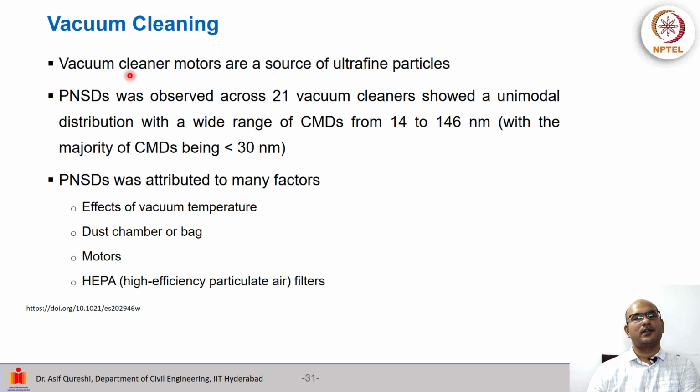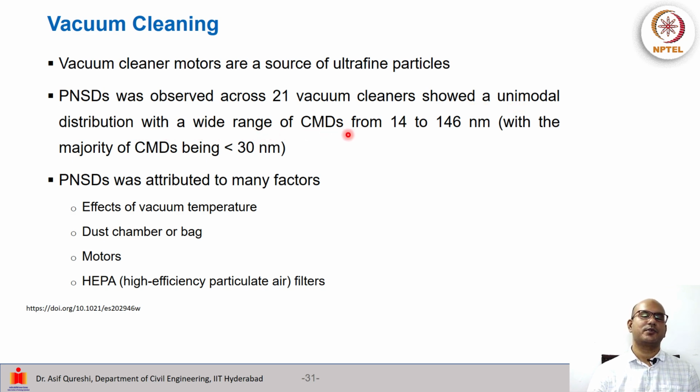Vacuum cleaning: the motors in vacuum cleaners are a source of ultrafine particles. In a study, the particle number size distribution was observed across 21 vacuum cleaners, and it showed a unimodal distribution with a wide range of count median diameters.